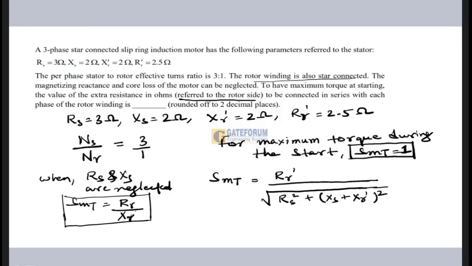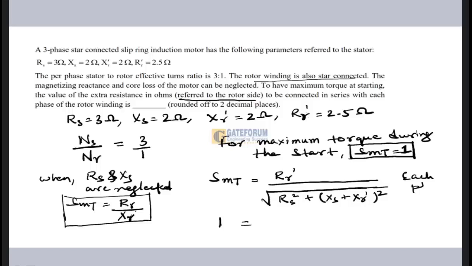Okay, so I know that this is one, and they are telling us that with each winding of the rotor you have to add some resistance. So what is the value of the extra resistance? The extra resistance you have to connect in series with each phase. So this is for each phase only.